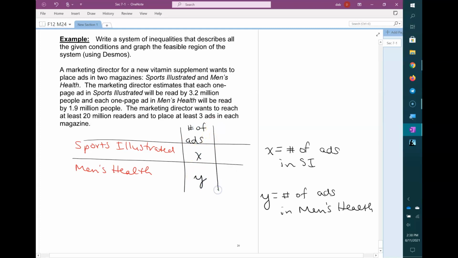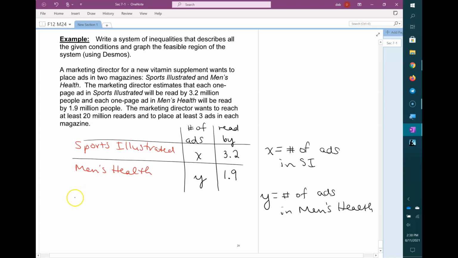So a 1-page ad in Sports Illustrated gets read by 3.2 million people. So 3.2 million people, and in Men's Health, 1.9 million people. So the marketing director wants to reach at least 20 million readers.